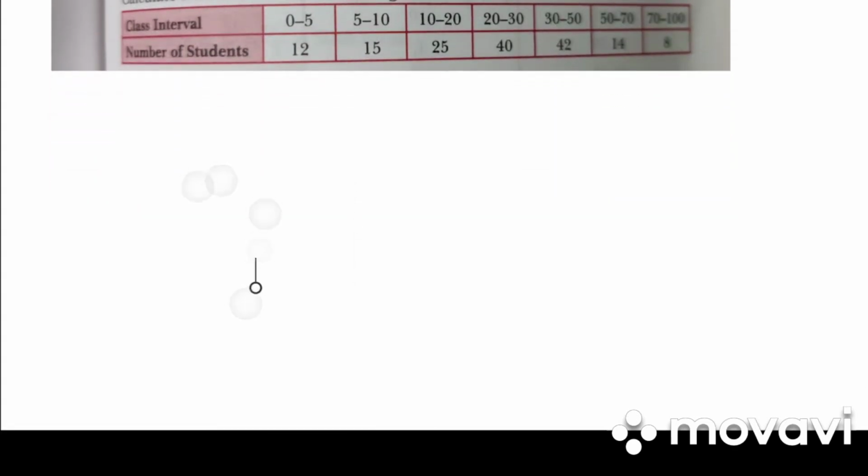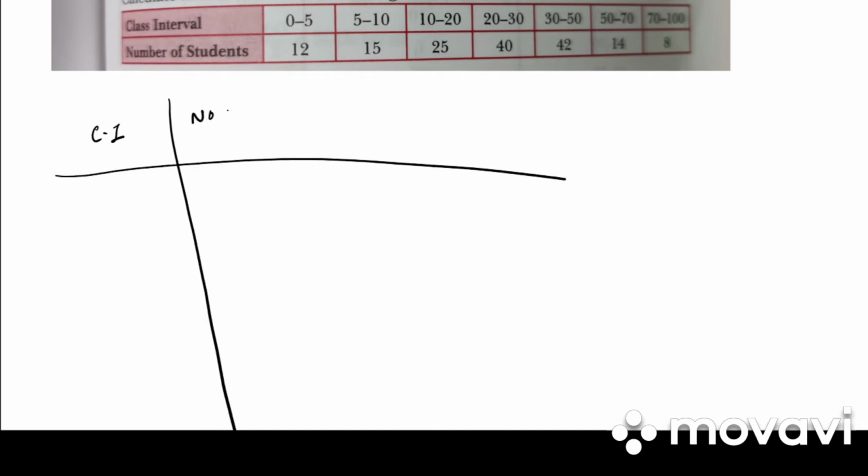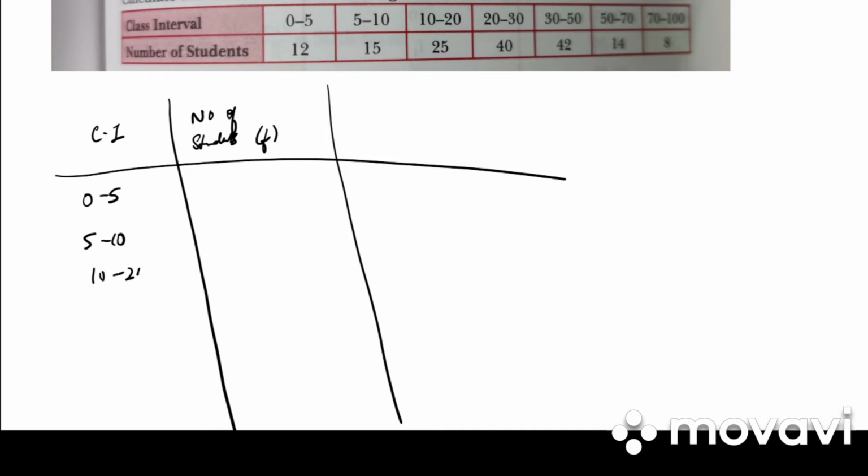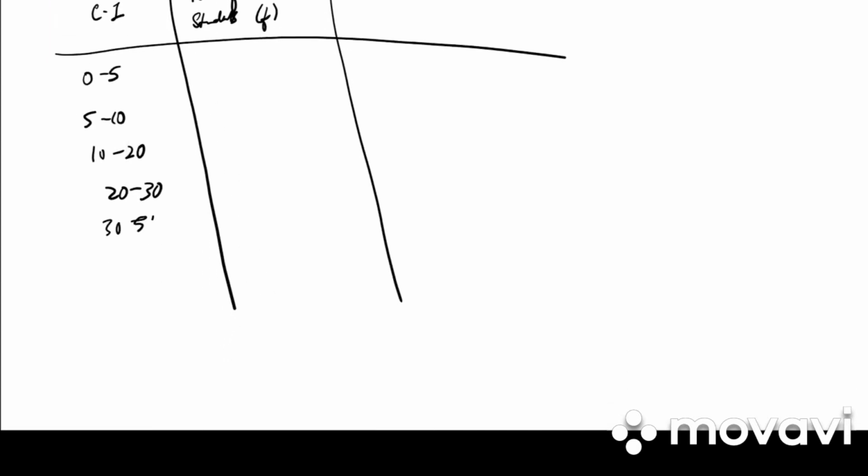Okay, so write down, they have given us class intervals and number of students, that is frequencies. So 0 to 5, 5 to 10, 10 to 20, 20 to 30, 30 to 50, 50 to 70, 70 to 100.